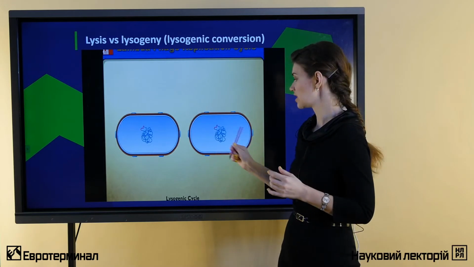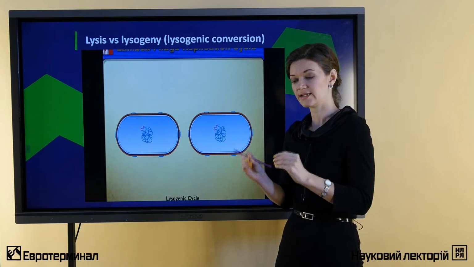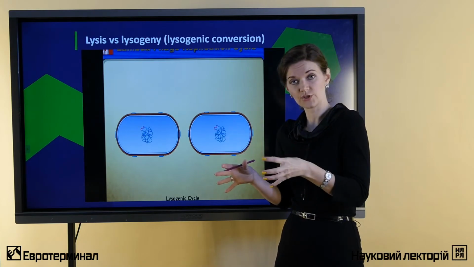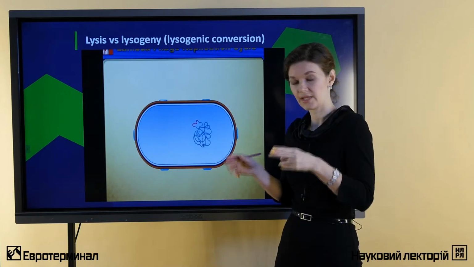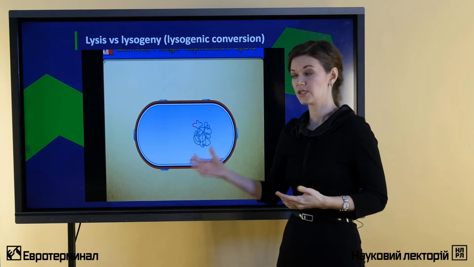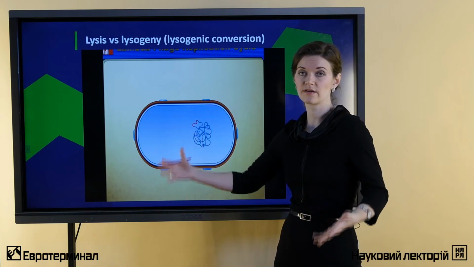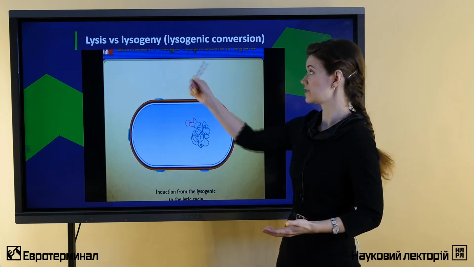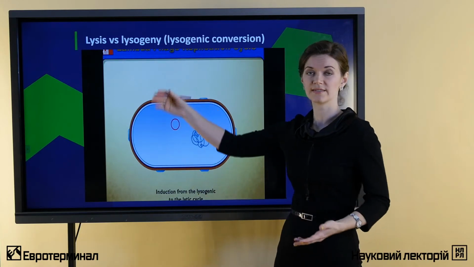And also it checks its genome. Special enzymes check the genome, and if they find the prophage, they are kind of like, uh-oh, this is something wrong, and they cut it out. And the prophage is induced. This process is called induction. So this prophage becomes simply a phage that starts a lytic cycle. So lysogeny can be stopped by induction, and then the lytic cycle, lysis, starts.